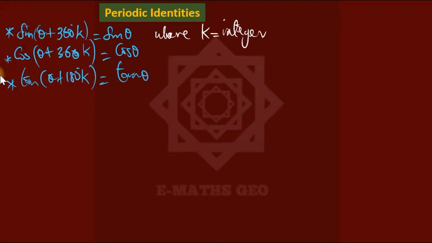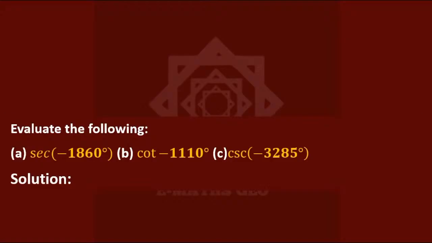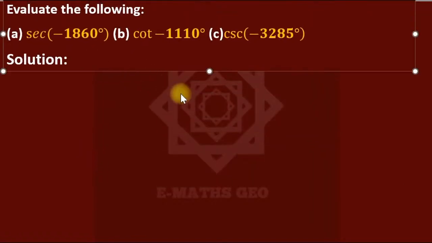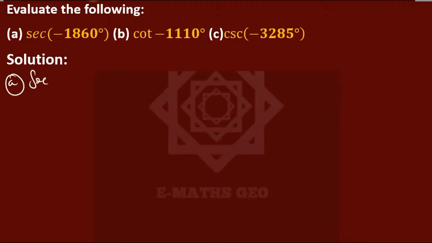So let's look at this question so that you see what is happening. We're asked to evaluate this. Remember, we still have a negative angle here, so we use our negative identity. The first one, sec of minus 1860.